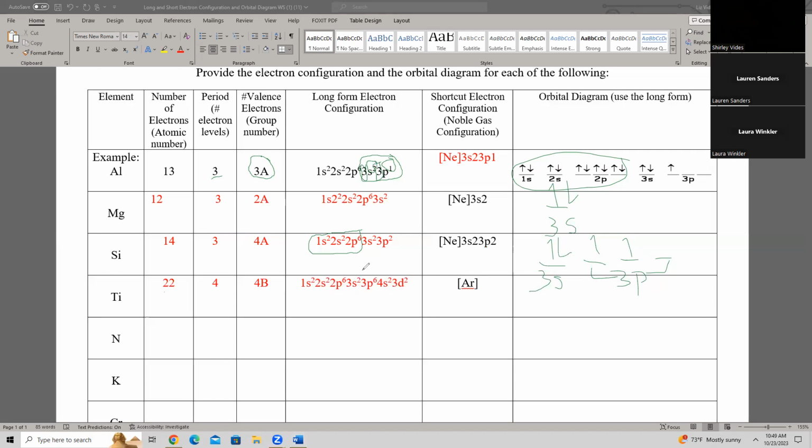This right here, all of this is argon. So we now need to finish this, and that would be 4s2 and 3d2.